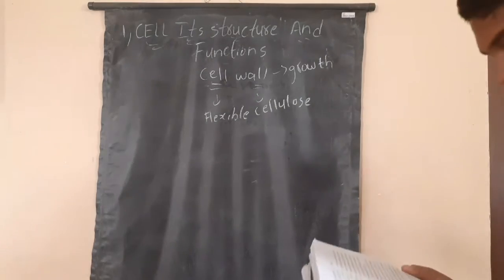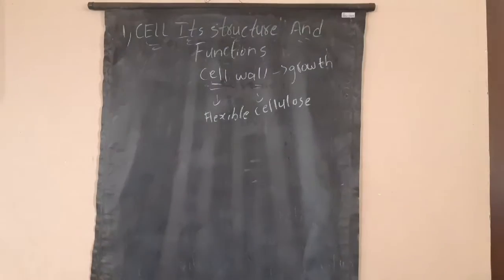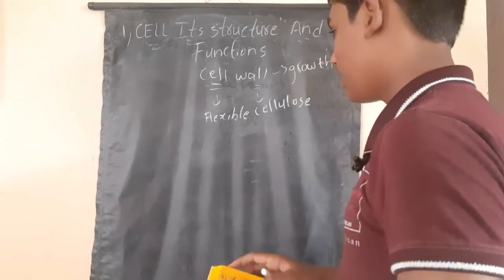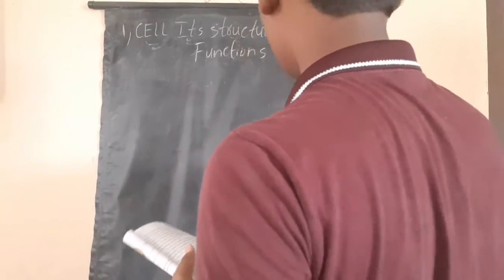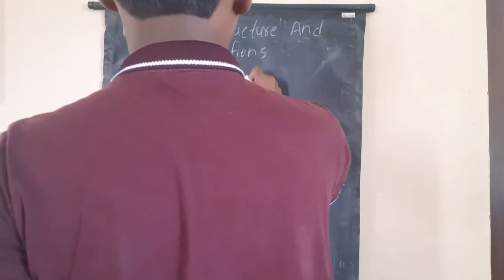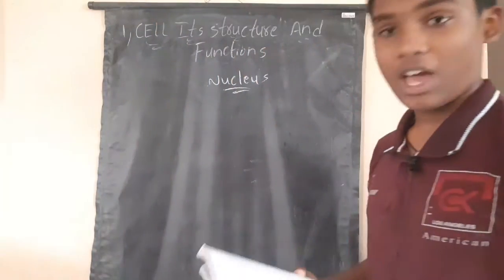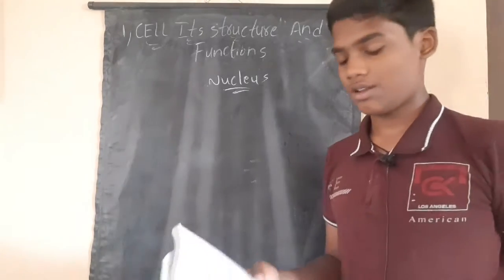Now let's go into the next cell organelle. It is a very important cell organelle that we are seeing now: the nucleus. We all know the nucleus is a very important part of a cell.